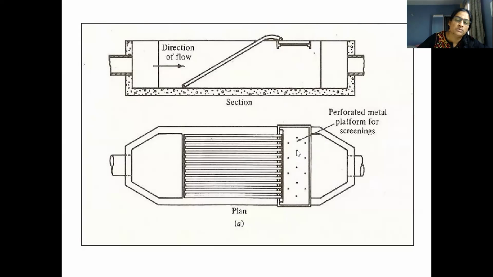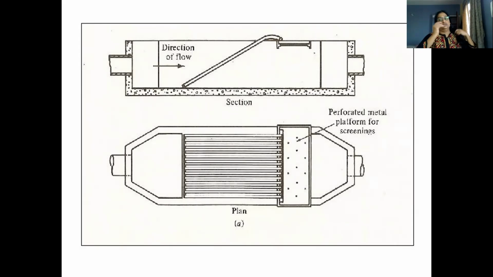The water collected along with these particles may also drop down through this perforated platform, leaving only the dry material. Usually the screenings are dry leaves, plastic bags, sometimes clothes, broken pens, like these structures.